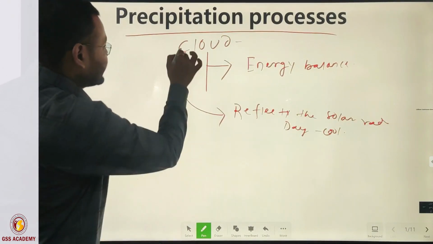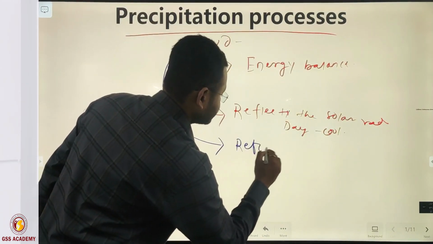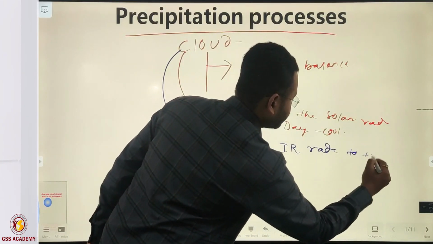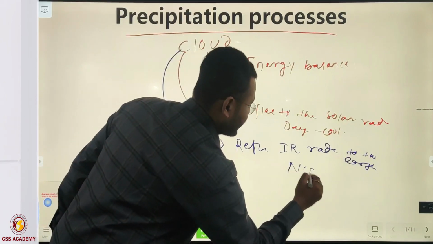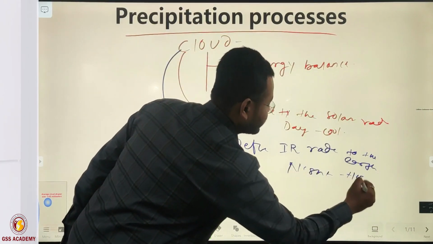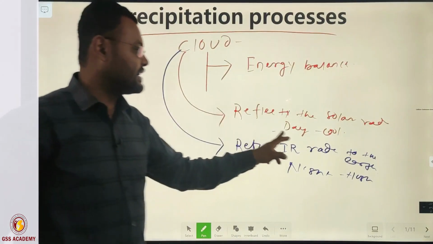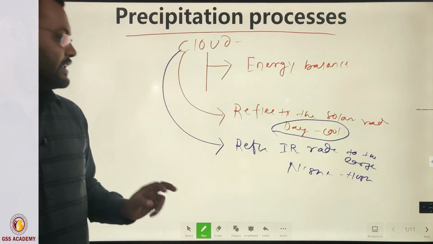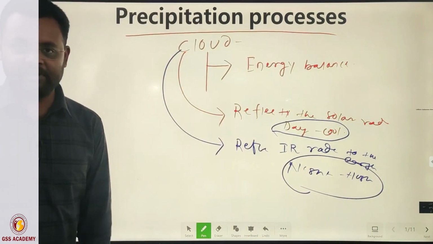Similarly, during night time, the same cloud reflects the infrared radiation to the earth and it keeps the nighttime temperature relatively high. So the presence of cloud keeps the daytime relatively cooler, and it keeps the nighttime temperature relatively higher.